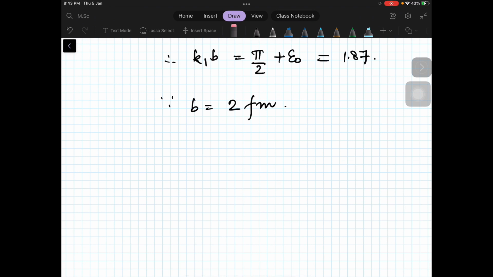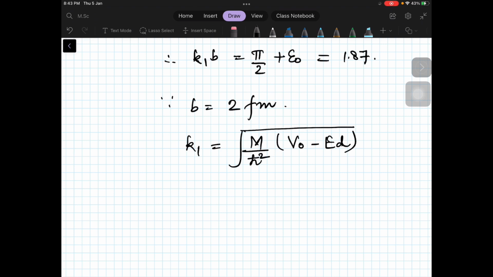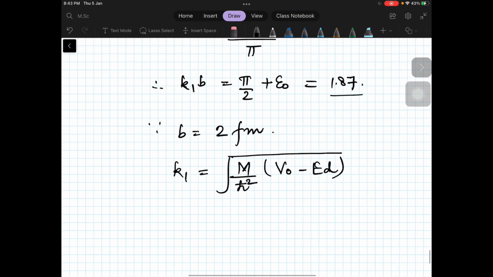Also, since b is equal to 2 femtometers, and we know that K1 is equal to square root of m over h cross times (V naught minus Ed), we have already calculated the value of K1b, which is equal to 1.87. We know the value of b, we can calculate the value of K1, and we already know the value of m, we know the value of h cross, and so our only aim is to find out the value of V naught. And what is Ed?